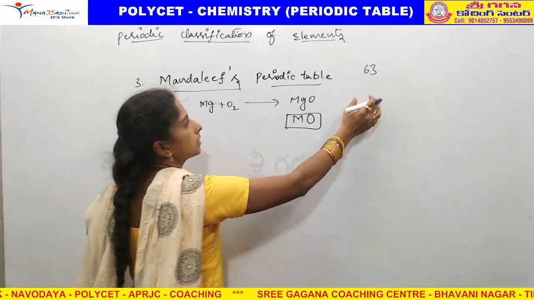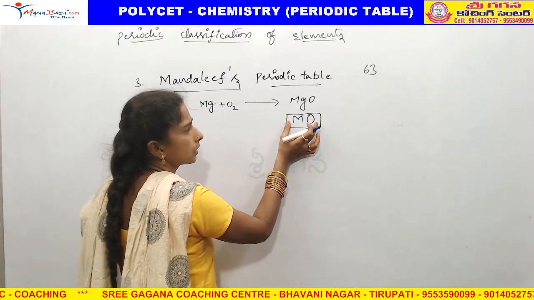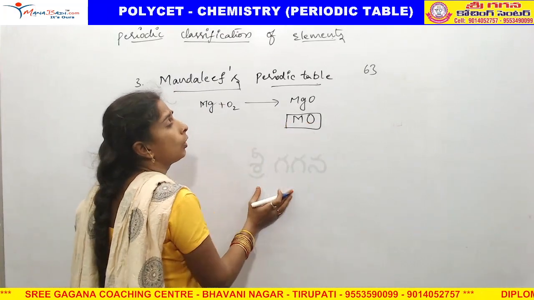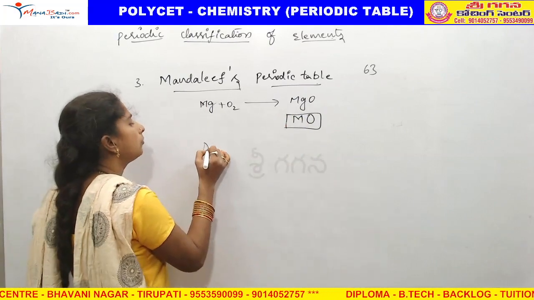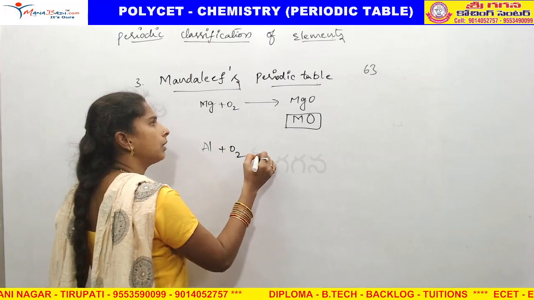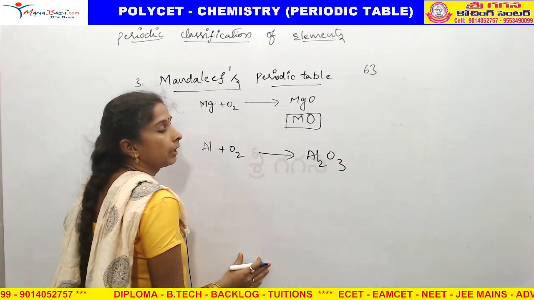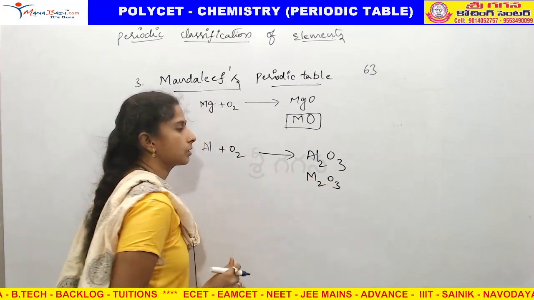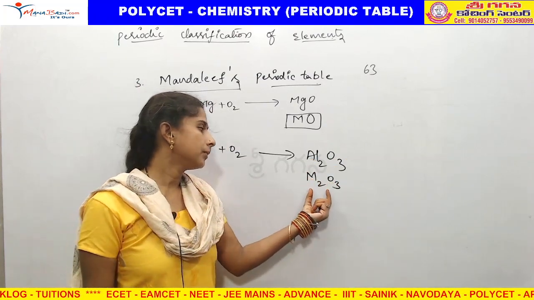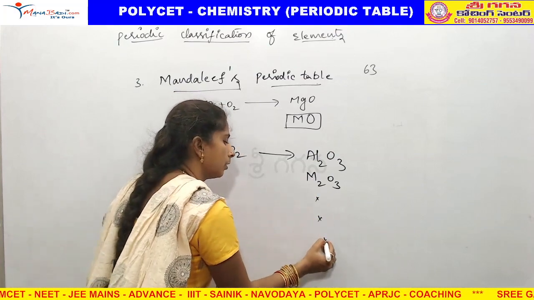And if you take aluminum, it reacts with oxygen and can form Al2O3 type oxide, meaning M2O3 type oxide. So the elements which fit this formula he arranged in the same group.